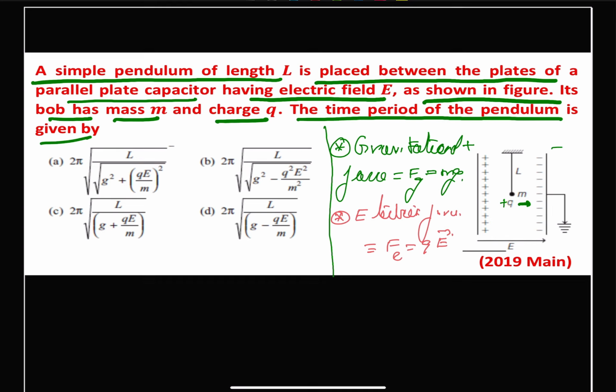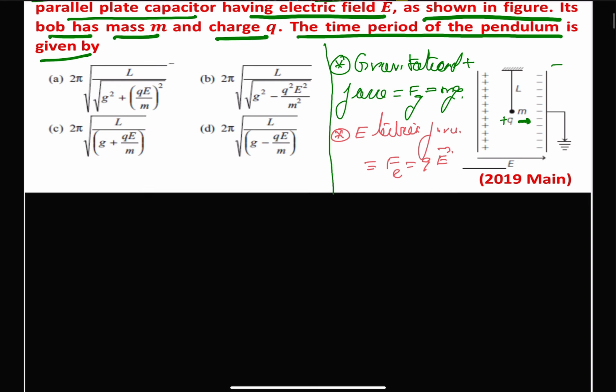So there will be two forces acting on the mass m. We are only interested in the forces. So this is mass m. In the downward direction we are going to have our mg, and towards the right we are going to have our Fe, which we called q multiplied by E. And mg is in the downward direction, which is our gravitational force, that is our Fg.